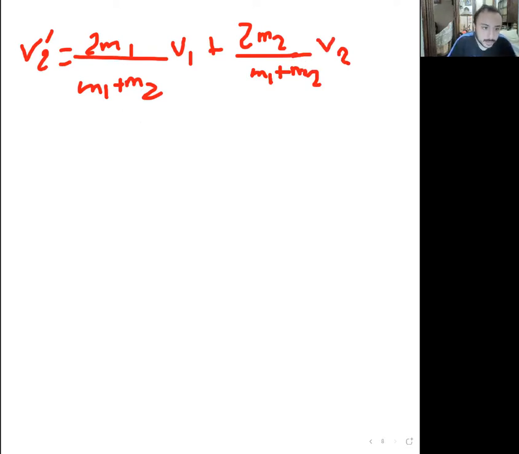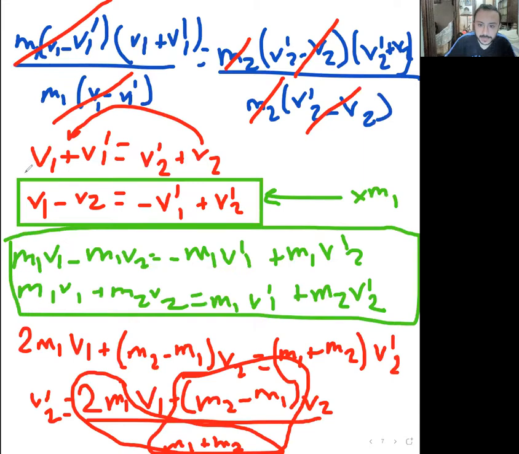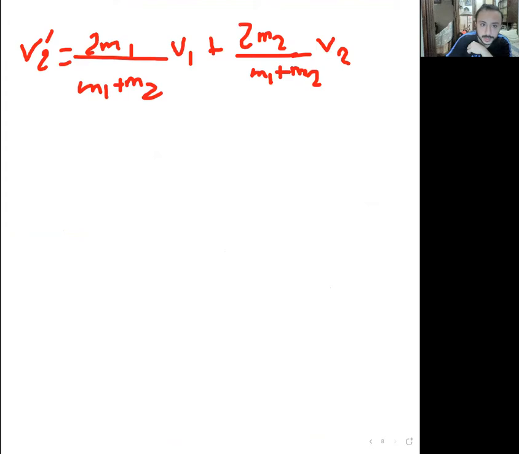And then, so now you have v prime 2. And we also have this equation, this green equation here. It's the most important. If you substitute v prime 2 inside this equation, you will get v prime 1, because you can get v prime 1 from here. So I won't do the calculation.